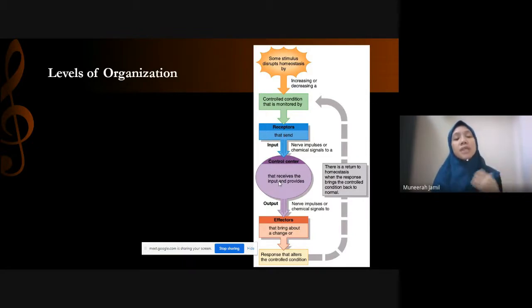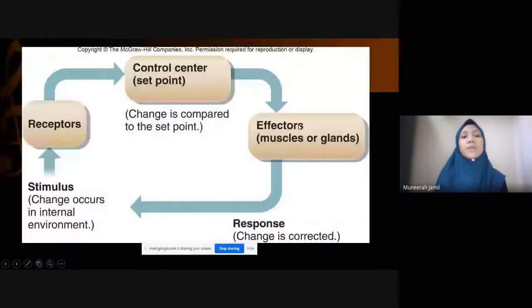Okay, so once they have interpreted the input, they will send the output to the effector. So the effector will then respond to the changes, whether to help ensure that the normal condition of the body is returned, or to enhance the changes for the sake of the normal process. Okay.